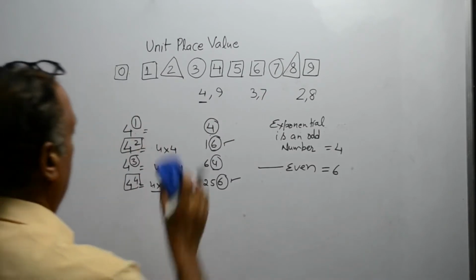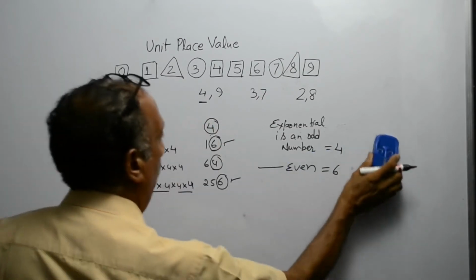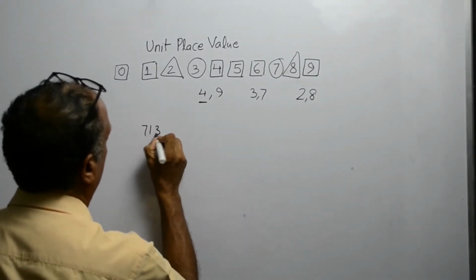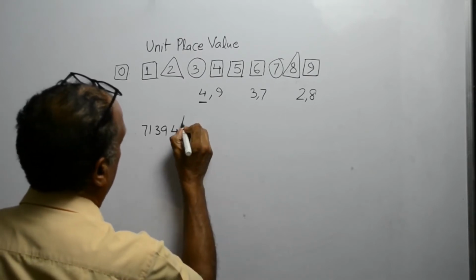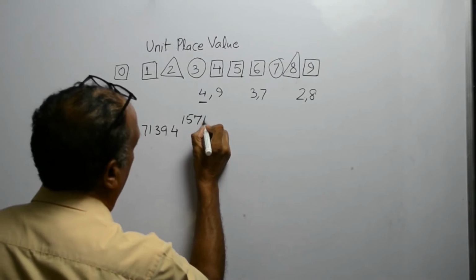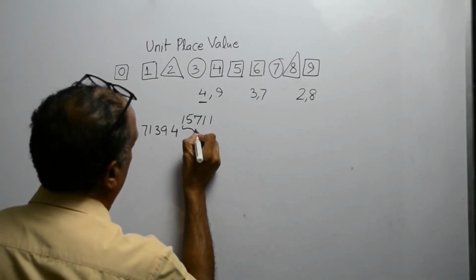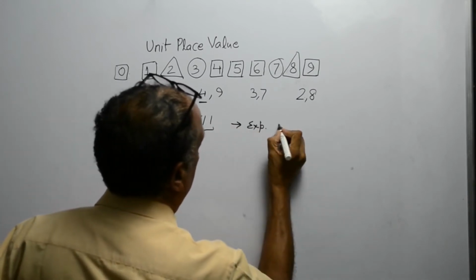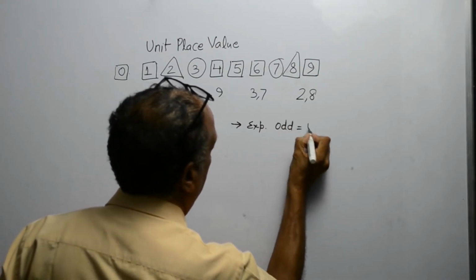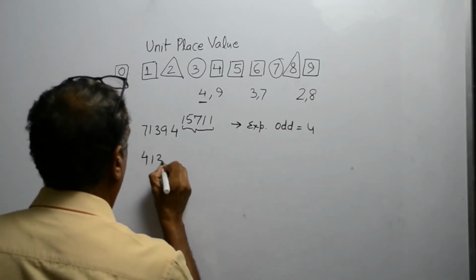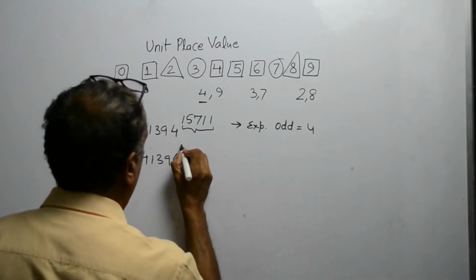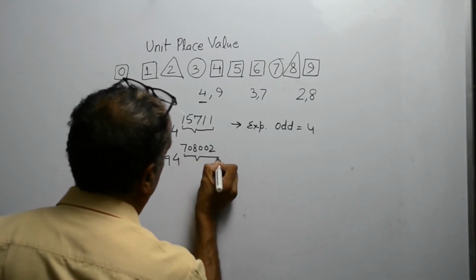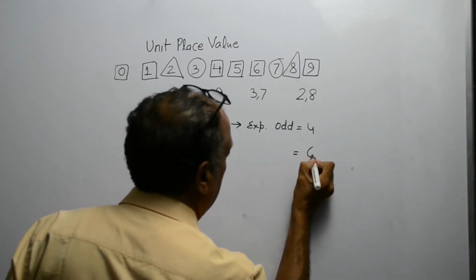So, the things are very simple. For a number ending with 4, just look out for the exponential. If the exponential is odd, the answer is 4. If the exponential is an even number, the answer is 6.